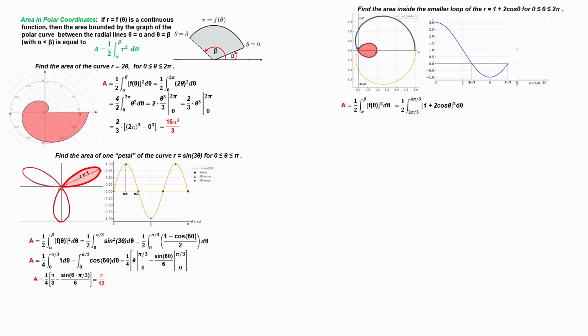To solve this integral, we use the half angle or power reduction identity to simplify the cosine squared term in the integrand. Integrate the resulting expression termwise and evaluate at the bounds.